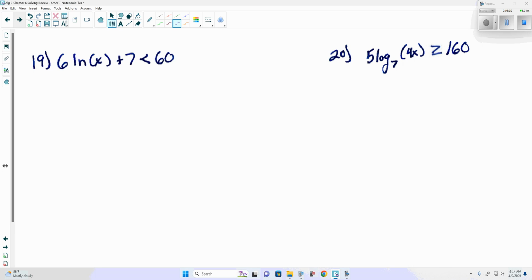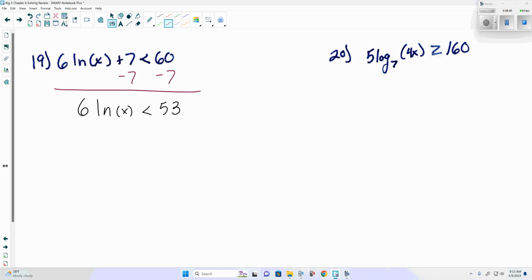Number 19, 6 times the natural log of x plus 7 is less than 60. Well, is the logarithm by itself? No. So the first thing we have to do in solving is to get it by itself. So we'd subtract 7, telling us 6 times the natural log of x is less than 53.